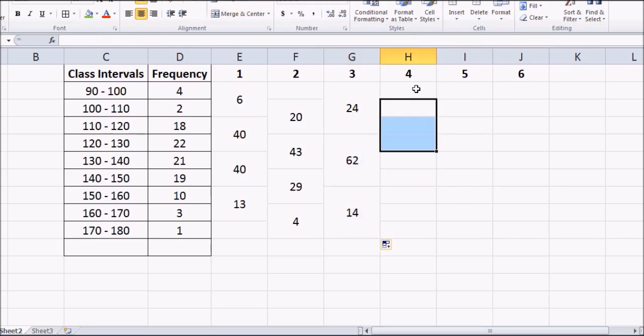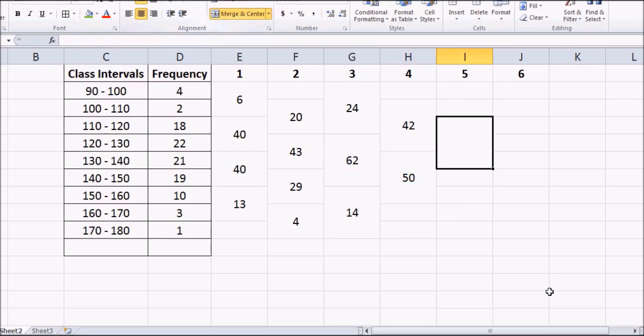3 at a time from the second one. So it will be the sum of 2 plus 18 plus 22, and then bring it down to the next cells. We can only extend it to this because the rest we are left only with 2, and then leaving 2 from the top, taking 3 at a time and summing.